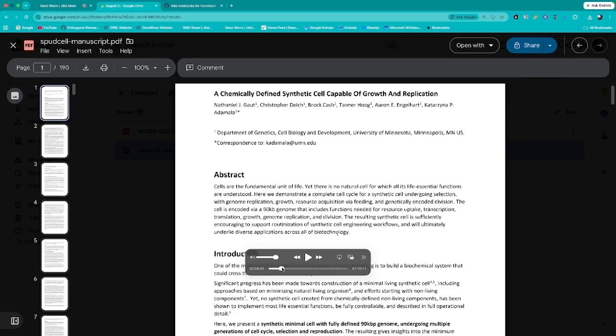They take a minimal genome, like a minimal cell that isn't really a cell, and then they see what they can boot up and get to work.